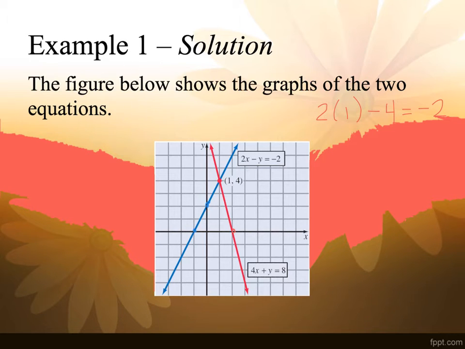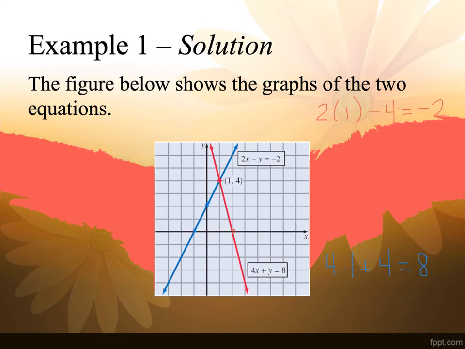If we substitute 1 in for x in the second equation and 4 in for y, we do find that it works. 4 times 1 is 4, 4 plus 4 is 8, and 8 is equal to 8.